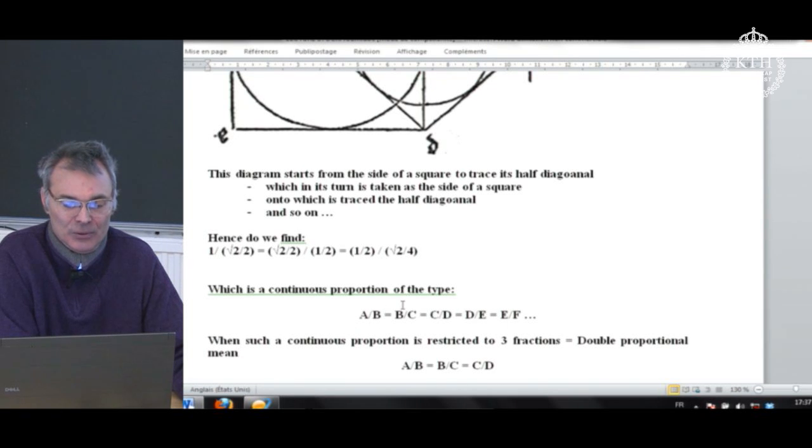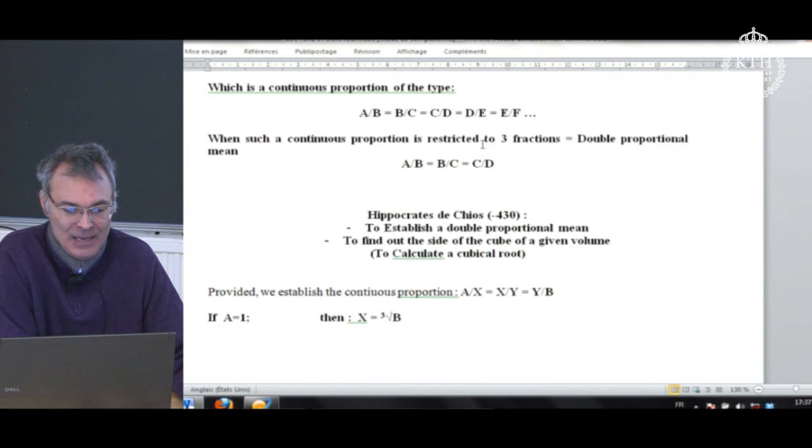So you have A on B equal B on C equal C on D, and so on. And when you have three such fractions, or what we should call two equalities, you have what in antiquity is called a double proportional mean, and the two intermediate means are B and C.